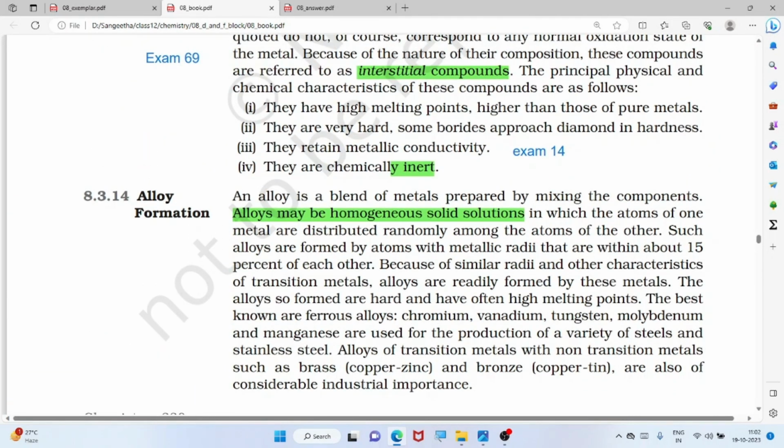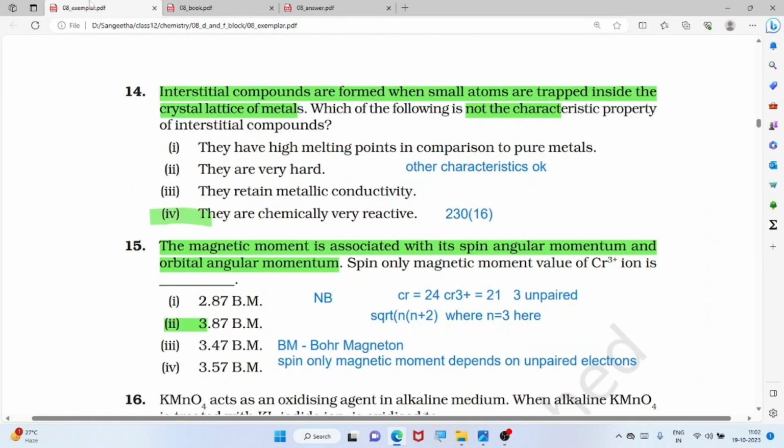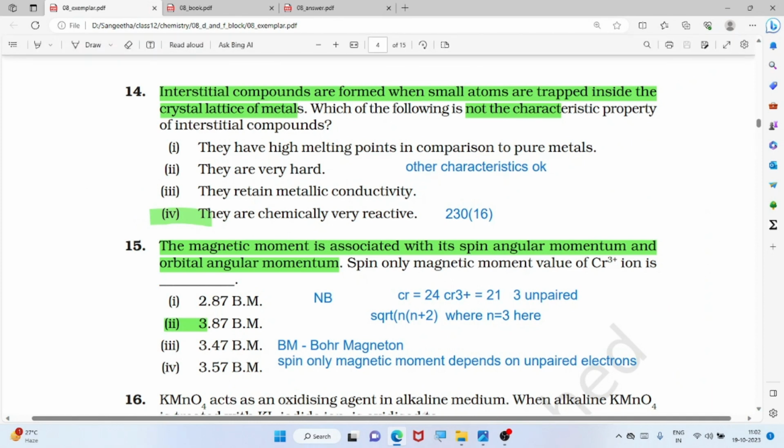This is chemically inert, okay. This is the characteristic, but they have given the opposite. They say they are chemically very reactive. Inert means not reactive, okay. This is wrong. All the other things are correct.